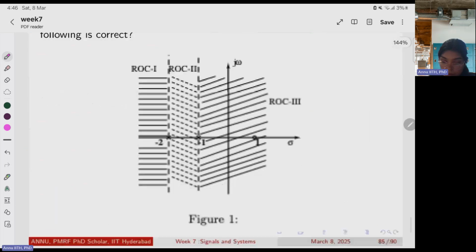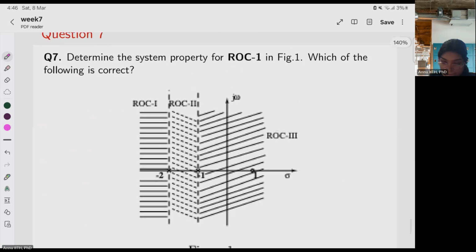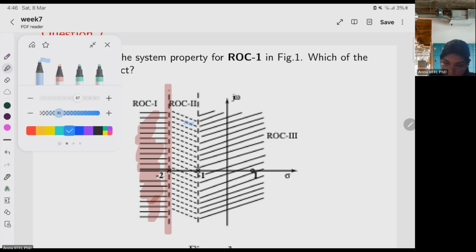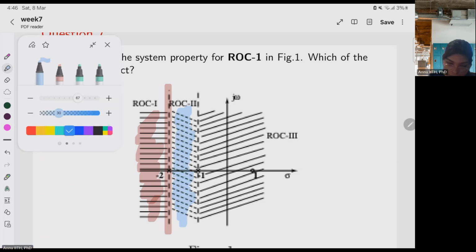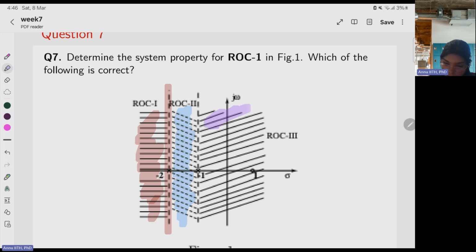So you have this figure. Dividing again, this is ROC1, this is ROC2, and this is ROC3.